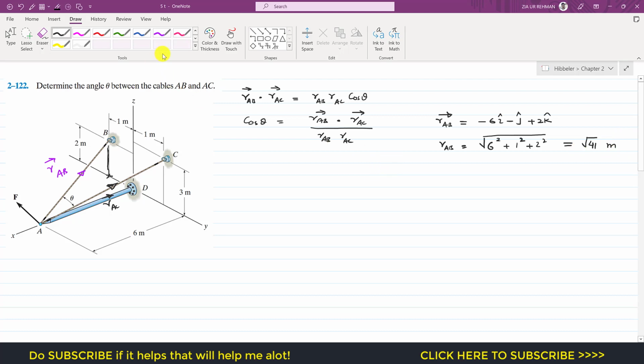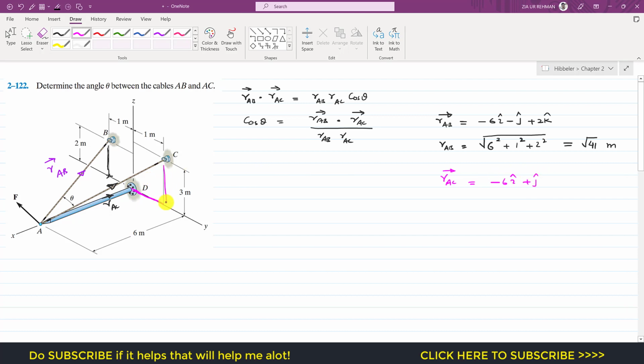Now we can find the position vector from A to C using the same method. To reach point C from A, again we need to travel 6 meters in the negative i, so I will write minus 6i. Then we need to travel 1 meter in the positive j, so I will write plus j.